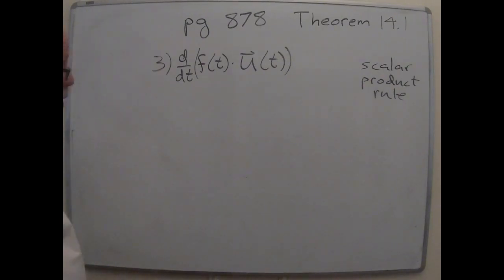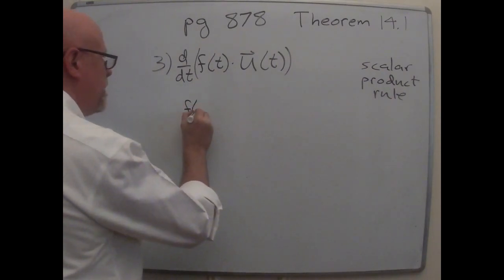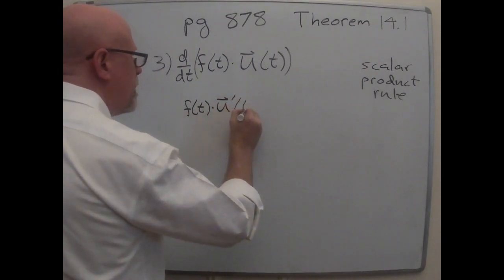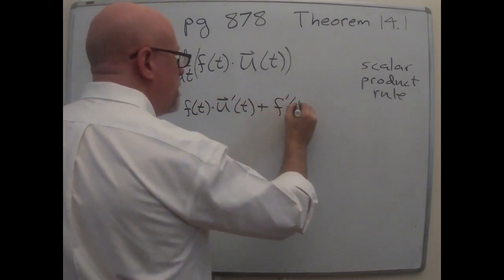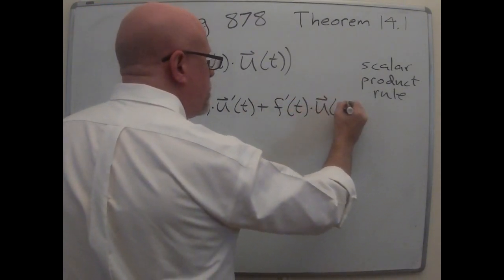How did the product rule work in the past? You took the first times the derivative of the second, and then you added the derivative of the first times the second with no change made to it.